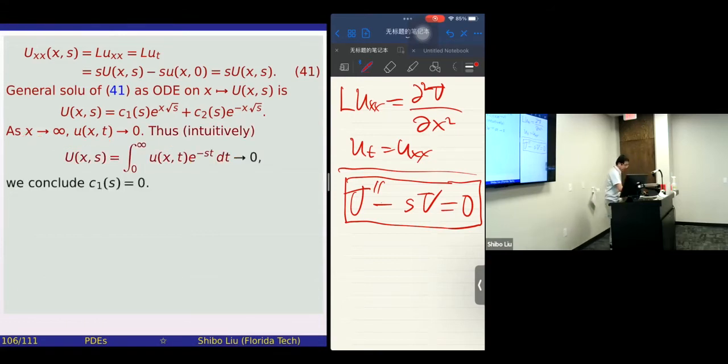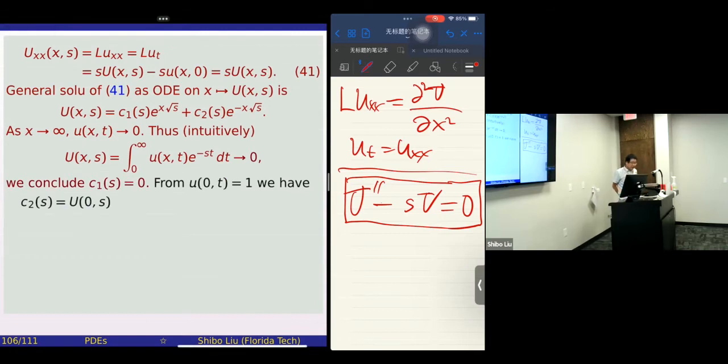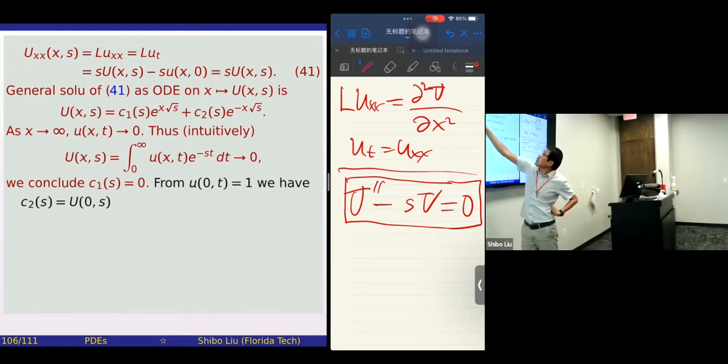Now using the other boundary condition at the left endpoint x equal to 0, what is C2(s)? When x equals 0, the C1 term disappears. We only have C2.